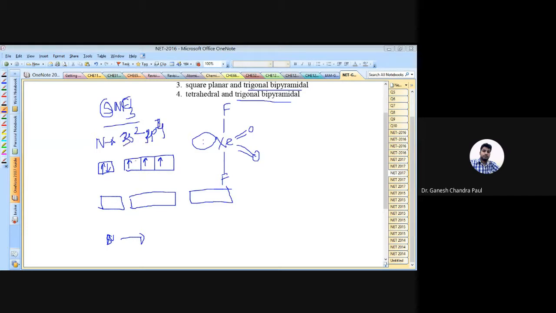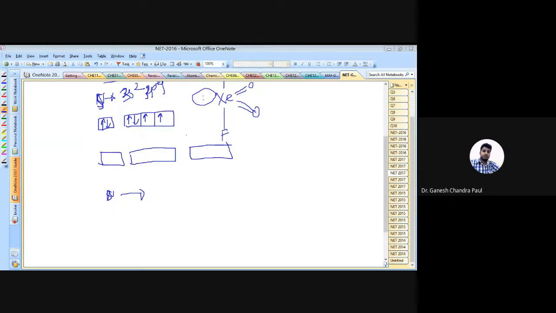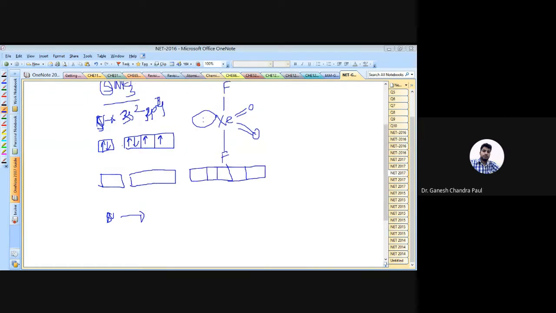Now in case of sulfur, as you know, there is a vacant d orbital. So if you excite electrons, one from 3p and another from 3s, you will get overall a total of 5 unpaired electrons. Okay, 5.